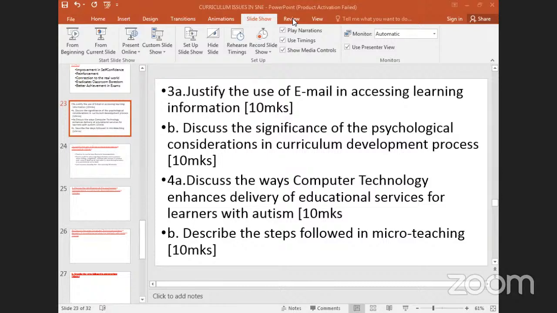Yes, on the side of the low attention span, if the learners are given these gadgets to operate, they manipulate these gadgets, and hence the attention span is captured and the curiosity is developed in these learners.